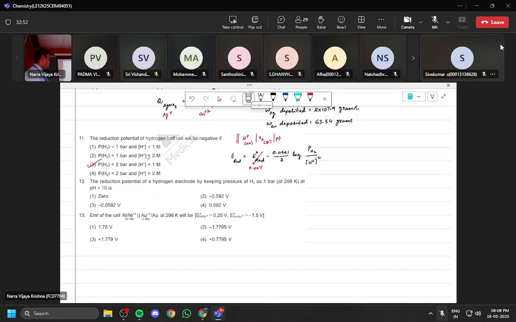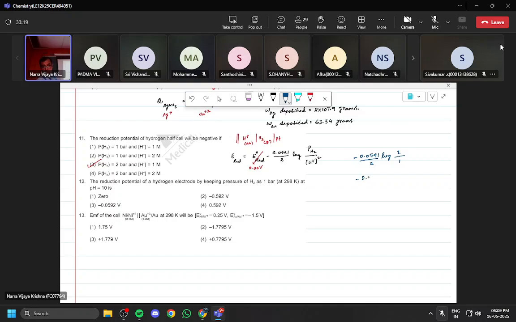Come to the next one. Any questions in it? I am substituting this value. What is the pressure of H2? 2. So I am substituting 2 here. So this value becomes minus 0.0591 upon 2 into log of pressure of H2, given as 2, divided by H plus square. H plus value is given as 1, so 1 square is 1.